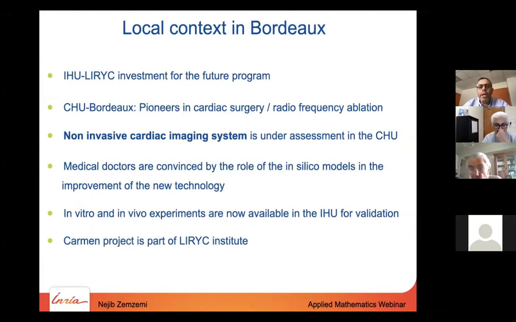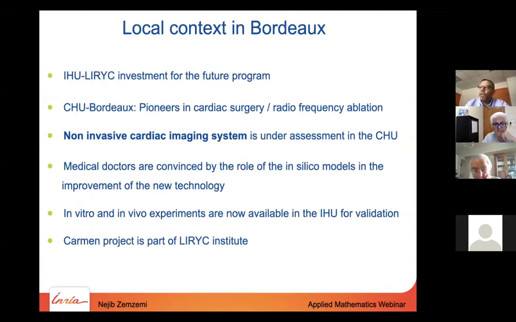There is a local context in Bordeaux, especially where I am working. I am working at INRIA Bordeaux, in the context of IHU Lyric. It is an institute between the hospital and university, called Lyric.